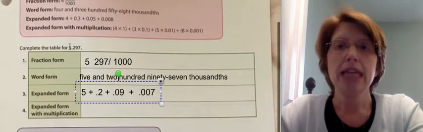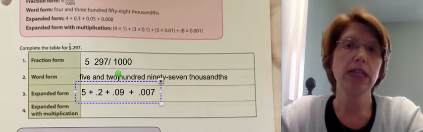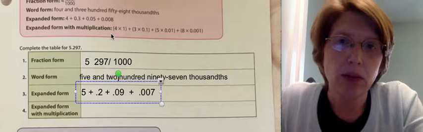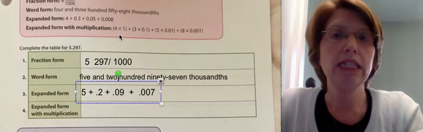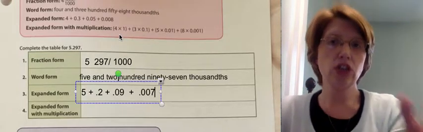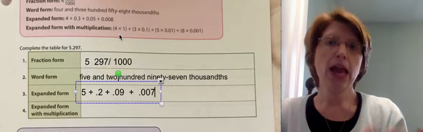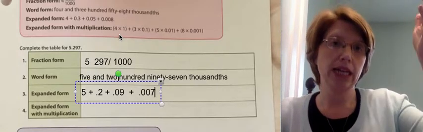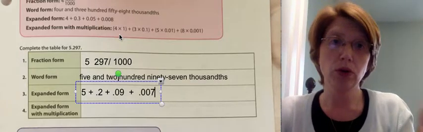Okay. Now, all we do here with the expanded form with multiplication, look at the example up here. We are showing what the digit would be. So we take the digit out, okay, and we multiply it by what it needs to be multiplied to go in its correct place in the number.